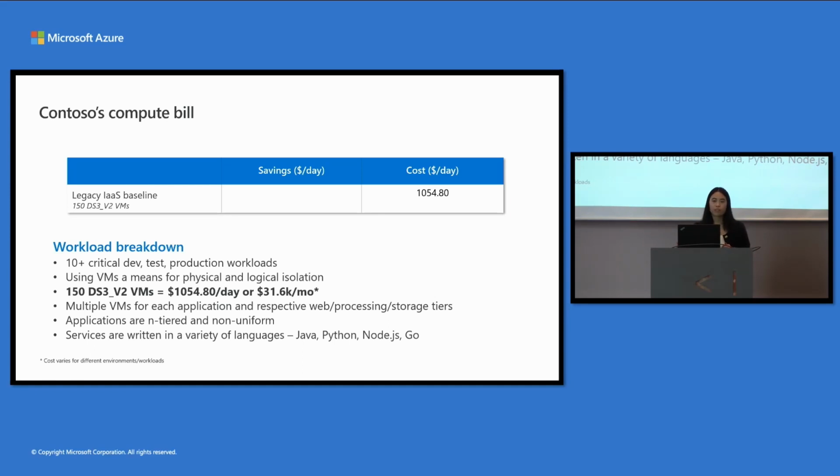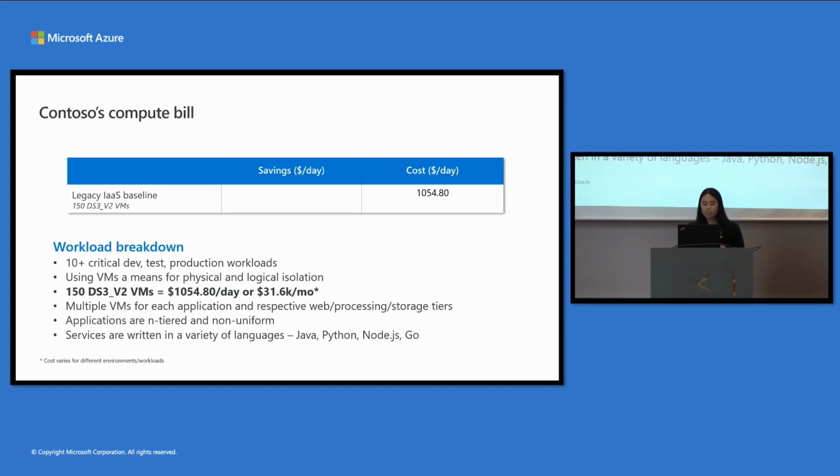And the reason why they've configured so many VMs is multiple VMs per application, per web storage processing tiers in their application environments. So they want to ensure they have enough so that they're scalable, resilient, fault tolerant, and to make sure all of those concerns that they had are addressed.